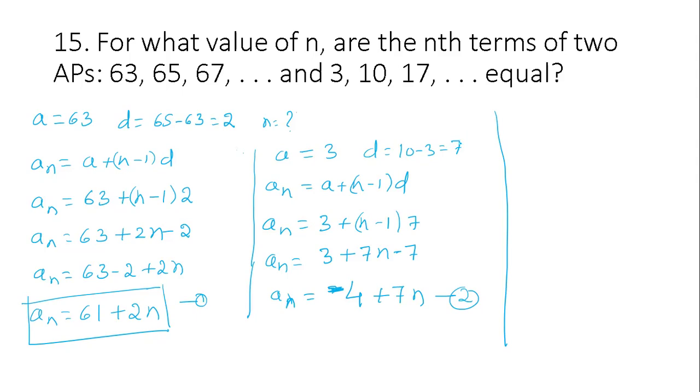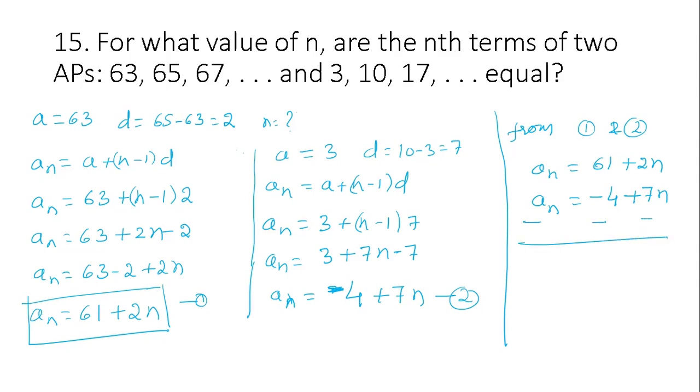From 1 and 2, AN is equal to 61 plus 2N, and AN is equal to minus 4 plus 7N. Change the sign. This becomes positive. This gets cancelled.